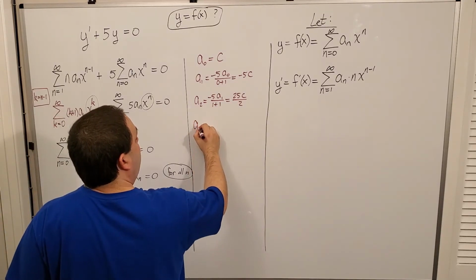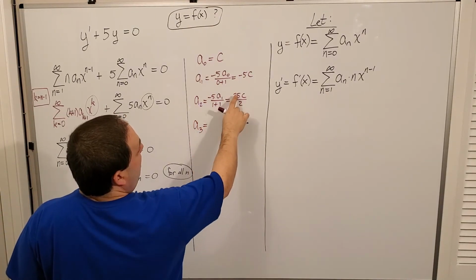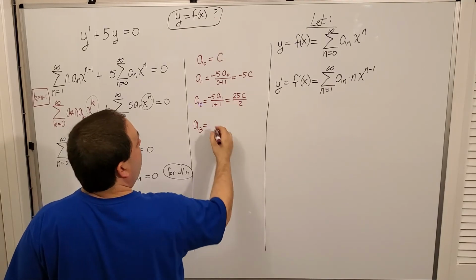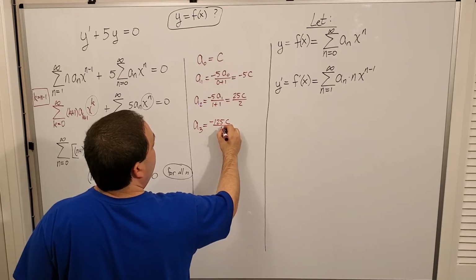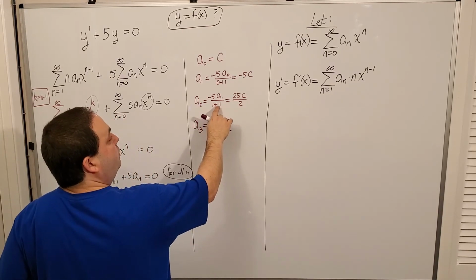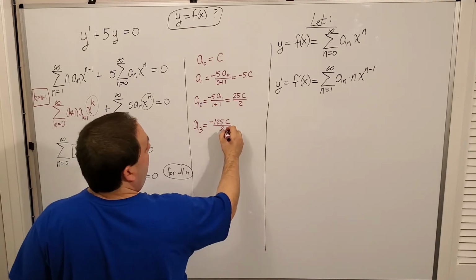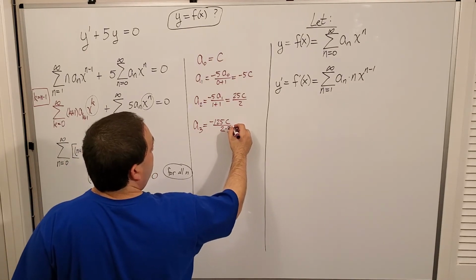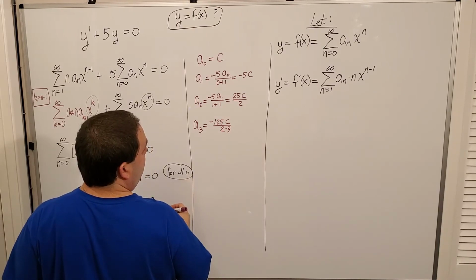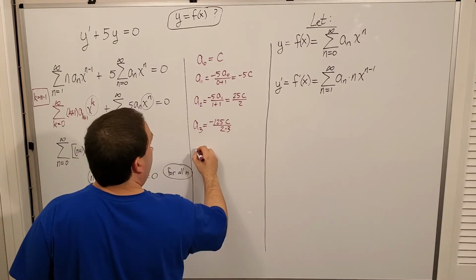So then what would A3 be? Times negative 5 would give me negative 125C over 2. But then it would be over 2 plus 1, right? So times 3 again. Okay. Next, A4.